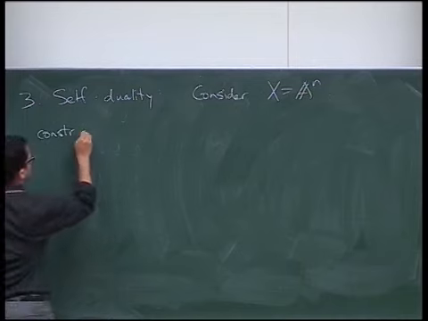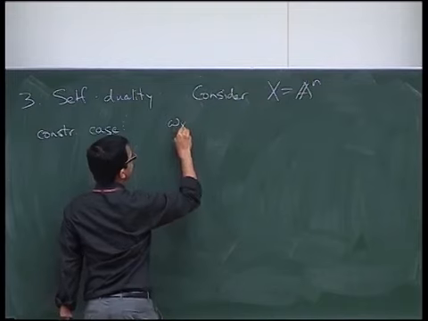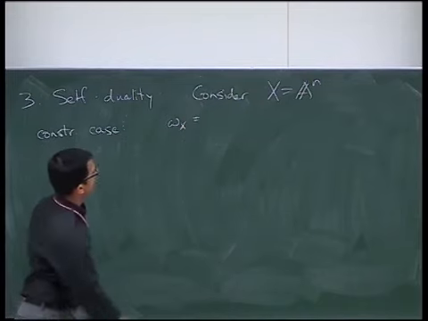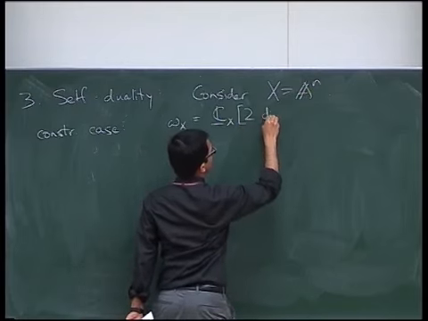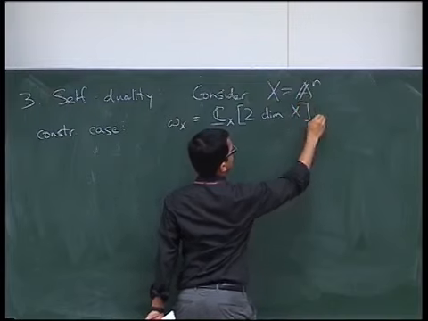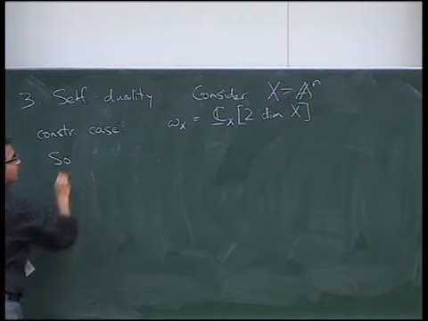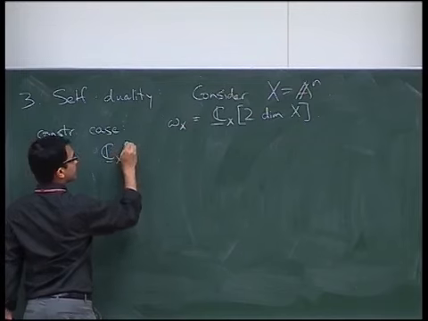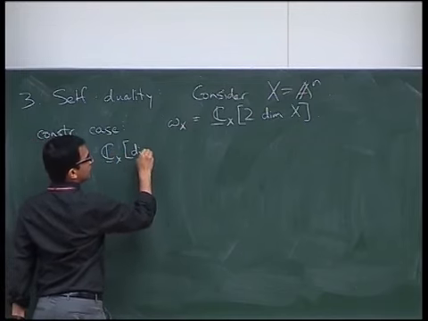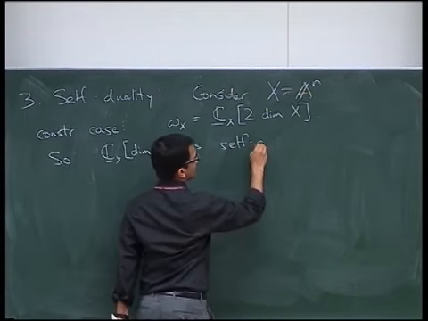In the constructible case, the dualizing complex is just the constant sheaf shifted by twice the dimension of x. Okay, and the consequence of that is that if you take the constant sheaf and you shift by the dimension of x, that's self-dual.